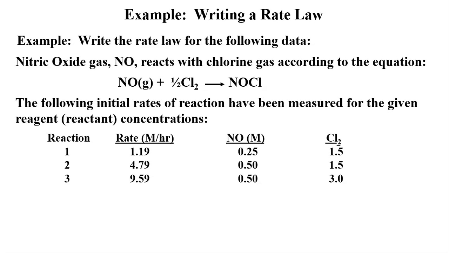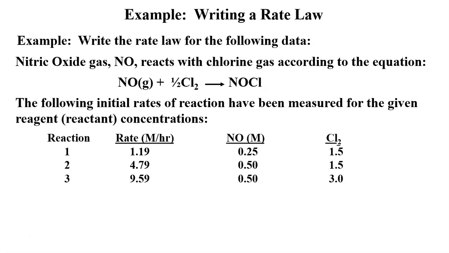It's telling us we do one chemical reaction in the lab, and we put into the vessel 0.25 molar NO gas and 1.5 molar Cl2 gas. And what we find is we have a rate of conversion from NO plus Cl2 into NOCl of 1.19 molar per hour.